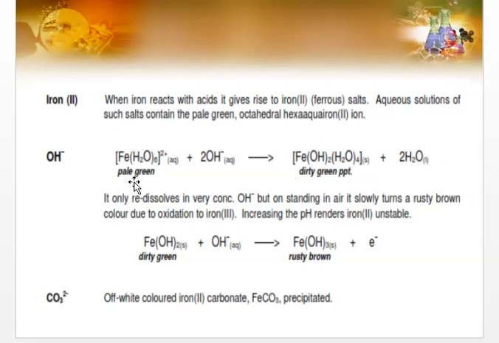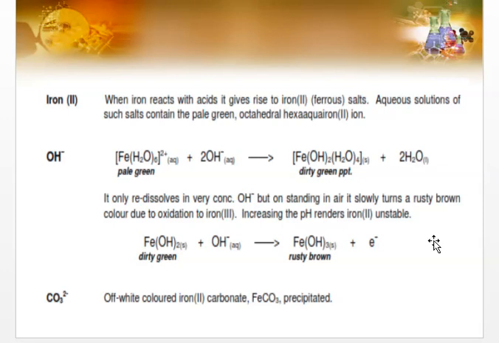From the pale green we get a dirty green precipitate, which only redissolves in very concentrated hydroxide alkalis, but on standing in air it slowly turns a rusty brown color due to oxidation to iron(III).